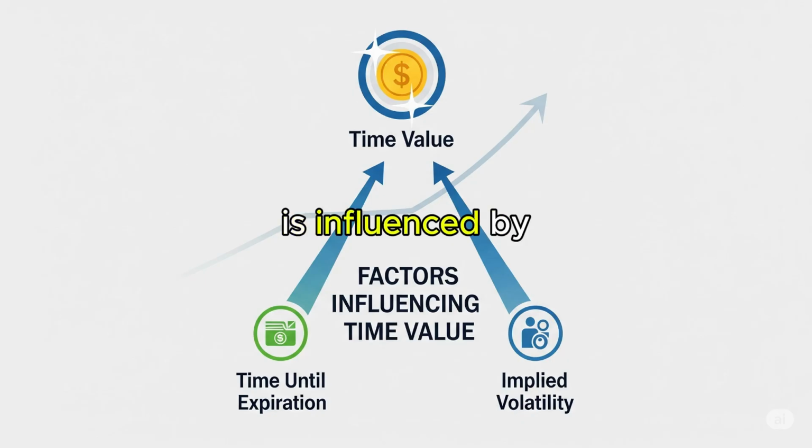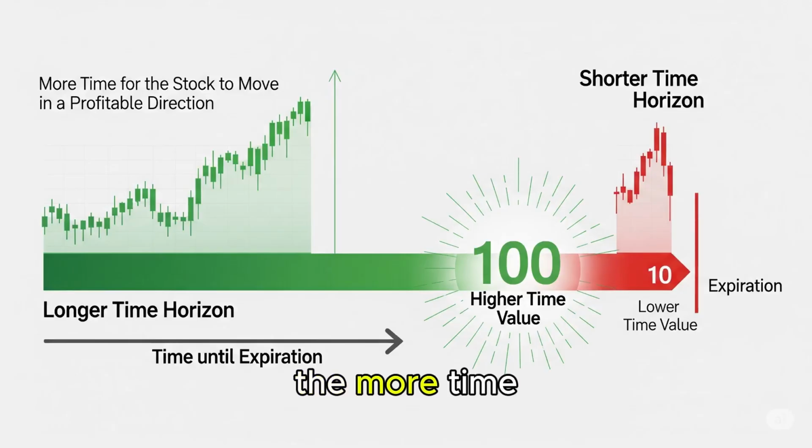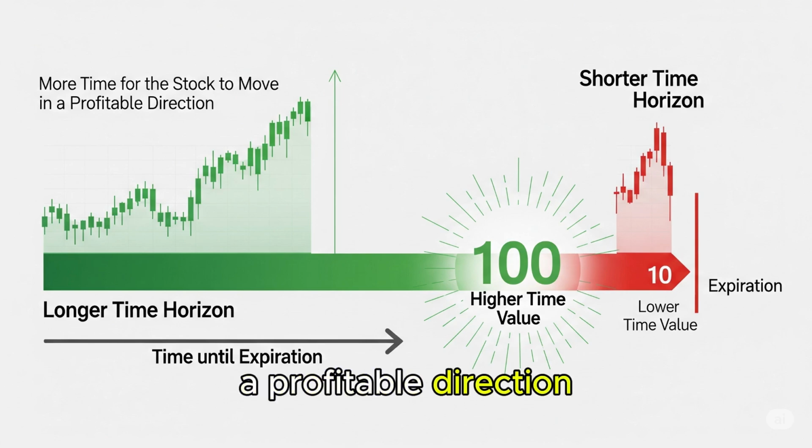The time value is influenced by several key factors, which we touched on in our video on the option premium. The two most significant are time until expiration and implied volatility. The more time an option has until it expires, the greater its time value, because there's a longer window for the stock to move in a profitable direction.